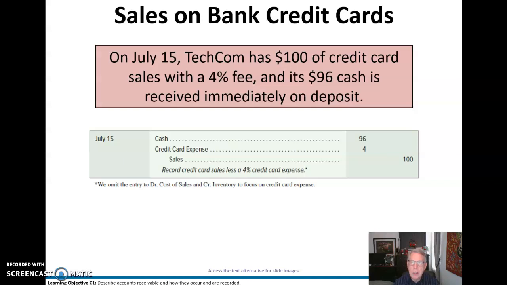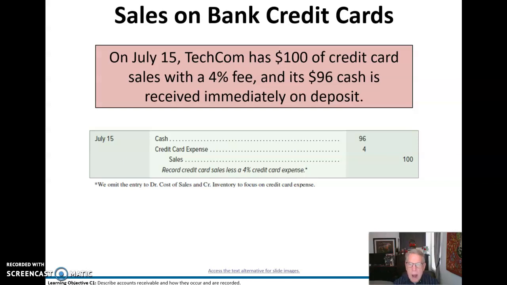So, now, if we make a sale on a bank card, there's a fee associated with that transaction. So, here, TechCom has a $100 credit card sale with a 4% fee, and $96 in cash is going to be received immediately upon deposit.